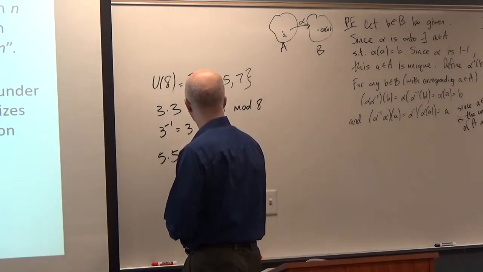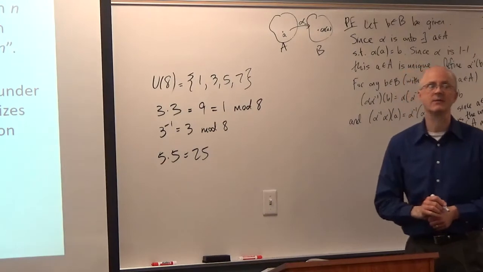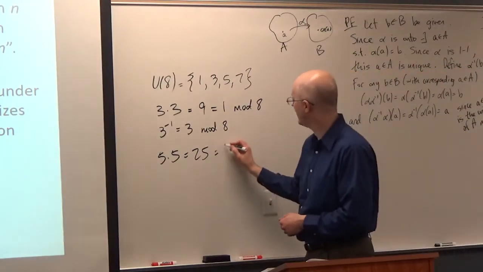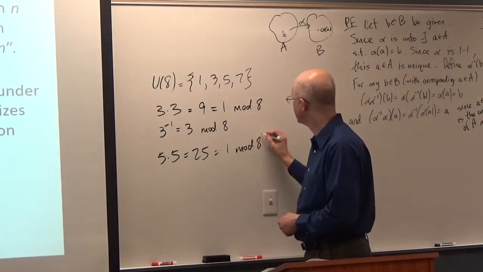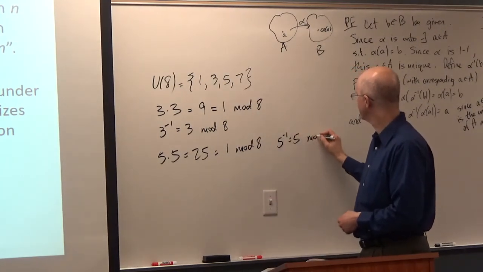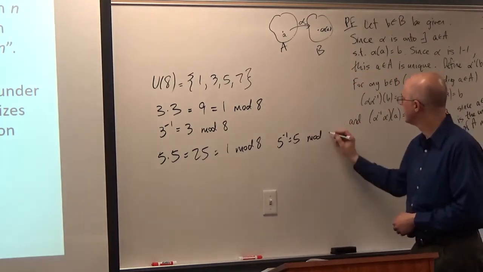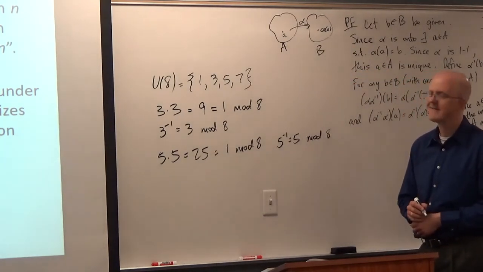5 times 5 is 25. What's 25 mod 8? Divide 25 by 8, you get 3 with a remainder of 1 again. This is 1 mod 8. So 5 is also its own inverse mod 8. Interesting.